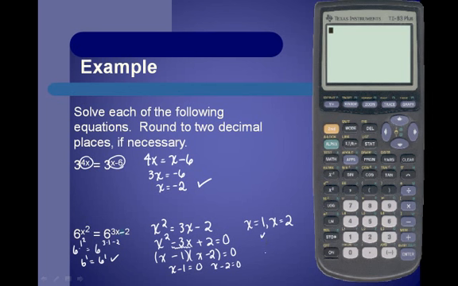If x is 2, then we get 6 squared, or 6 to the power of 4, equals 6 to the power of 3 times 2 minus 2. So that's 6 to the 4th equals 6 to the 6 minus 2 is 4. So in this case, both of those solutions work. So our solutions are 1 and 2.